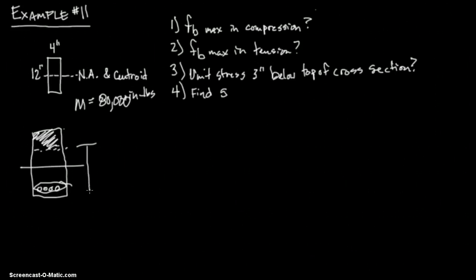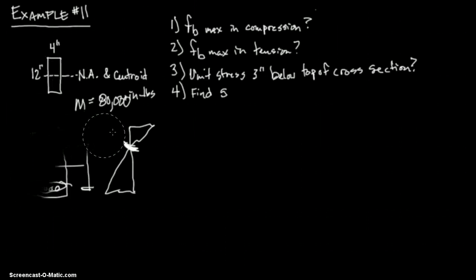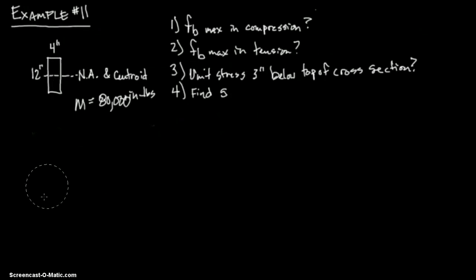So these moment arms, and I'll do some videos on this later, it's going to look generally like this, where your neutral axis is where there is no stress. I know that's kind of confusing, and don't worry about it right now. We'll go over it later. I just wanted to point out that the neutral axis is not always going to be your centroid.